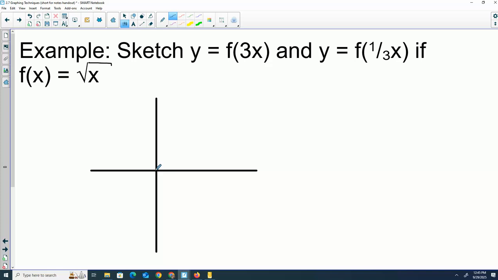So 0, 0 is a point. If I put in 1, what's the square root of 1? Okay, 2, 3 aren't nice, but if I put in 4, the square root of 4 is 2. Can I put in negatives? No. So it looks like that.